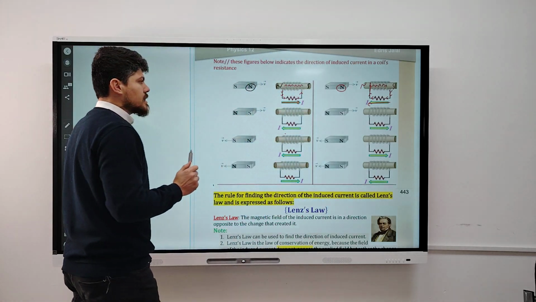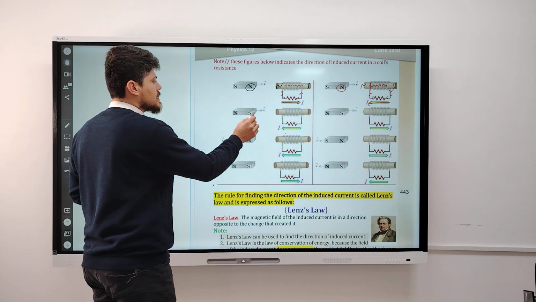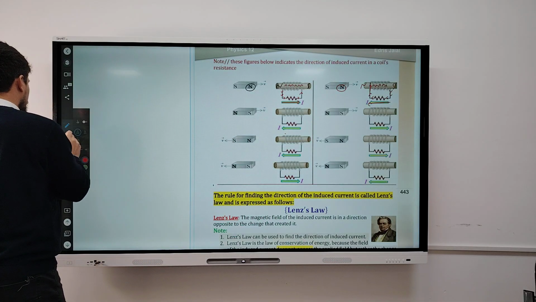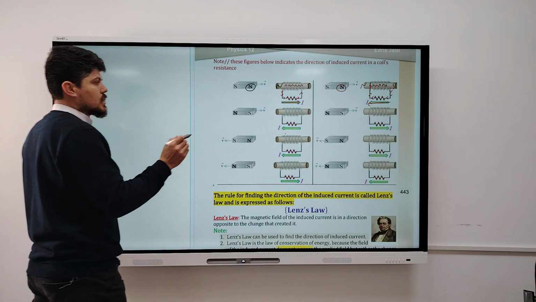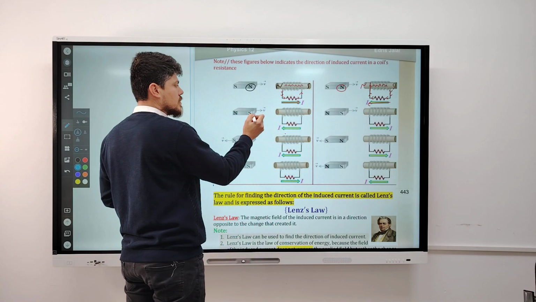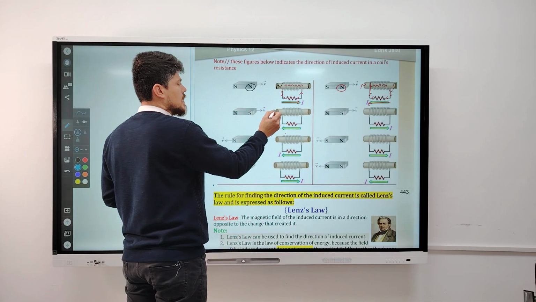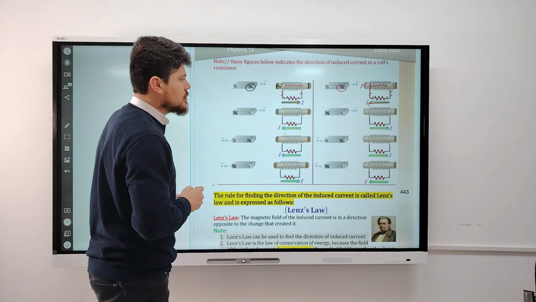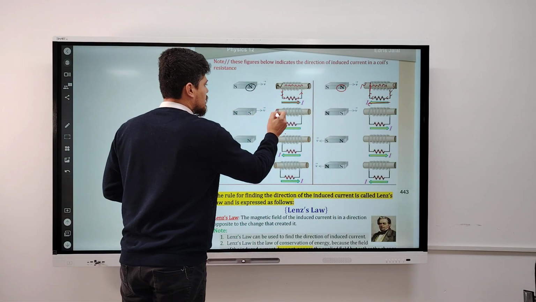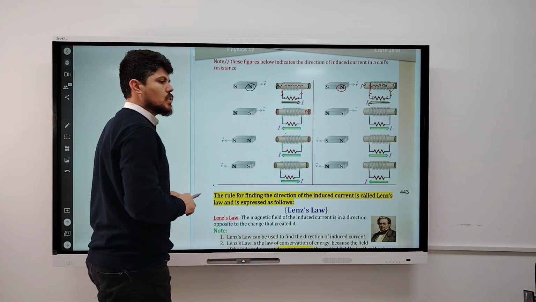Another example, the second example: if we approach the south pole into the circuit or coil, this end becomes what? It becomes the same pole as what we approach, so this end becomes a south pole, okay? And the other end becomes north.